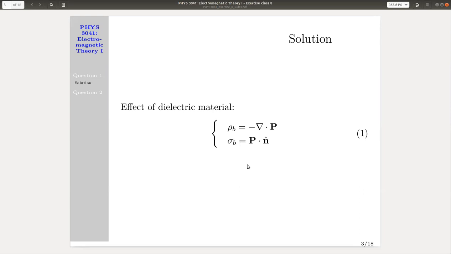These two quantities can be computed using the polarization of that material. This polarization, if you remember, is the dipole moment per unit volume, and it will be induced if you have an electric field in the system.